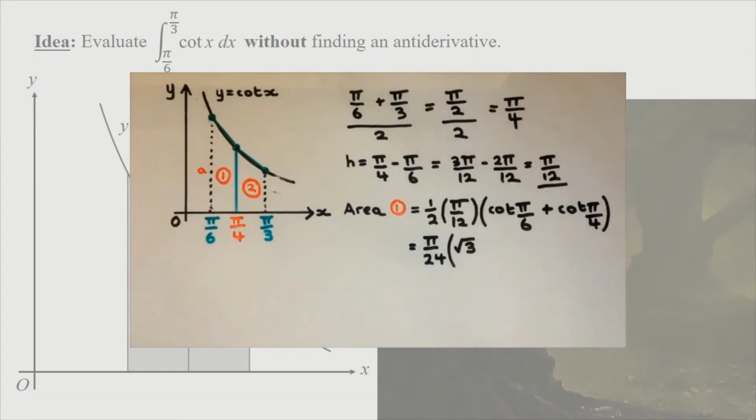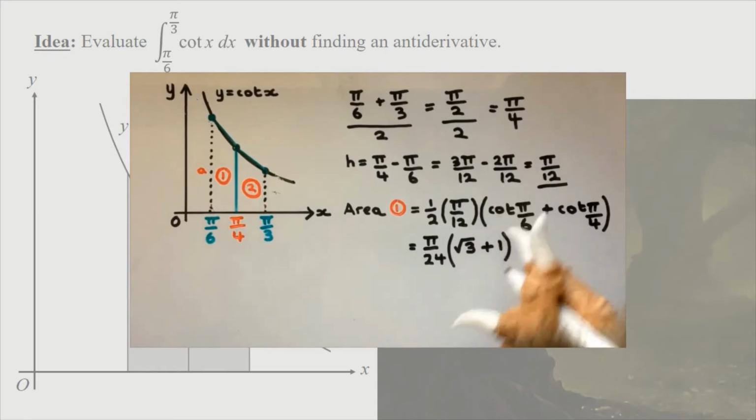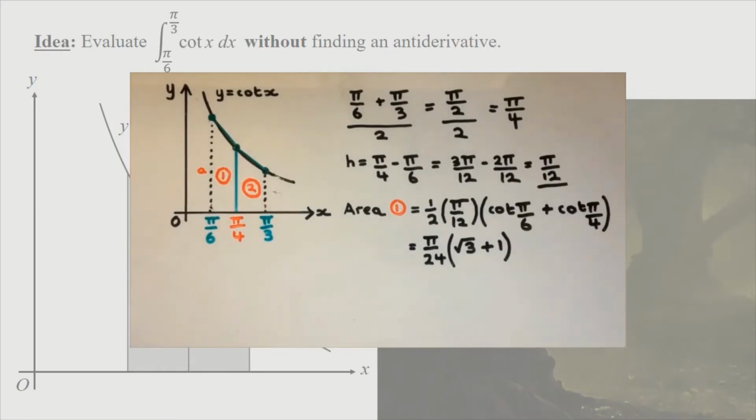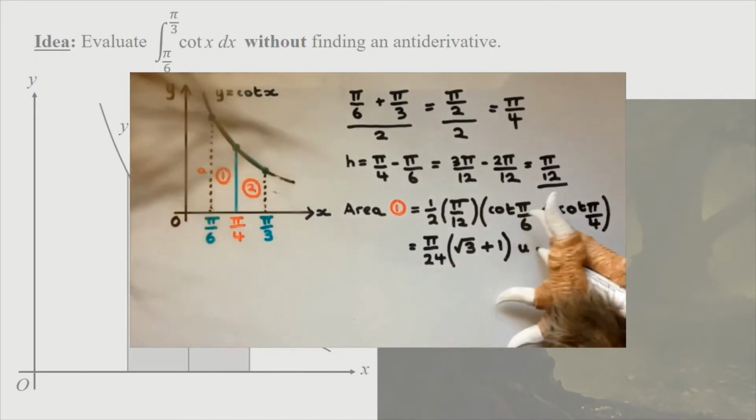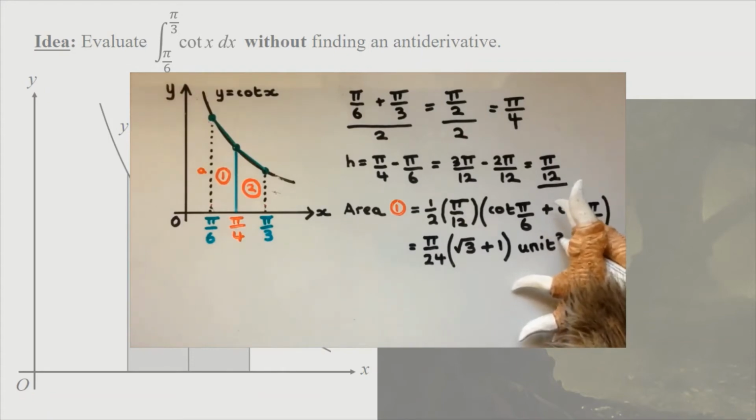Okay, and cot of pi over 4, well, if you're not sure about your cotangent values, remember that tan of pi over 4 is, of course, 1. Cot is the reciprocal of that, so it's just going to be 1. Okay, and we have a rather nice exact answer for the area of 1. I'll just write that as an area, so that would be units squared. We don't know what the units are, we'll just acknowledge that this is an area.